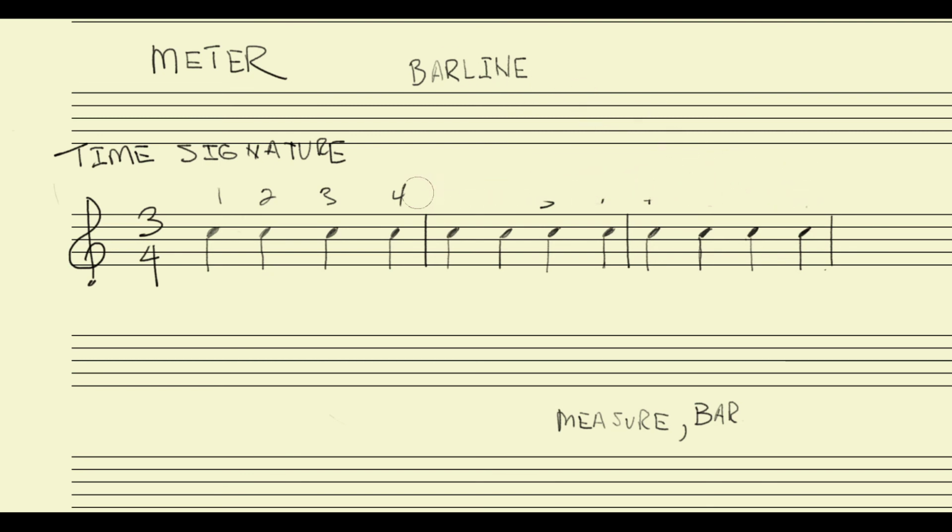And let me just so we're clear about that, let me actually do that. Get rid of our numbers up here. Get rid of our bar lines. So in 3/4 time, we'd go 1, 2, 3, bar line, 1, 2, 3, bar line, 1, 2, 3, bar line, and then 1, 2, 3, bar line. We could also do the same thing with our groups of 2, in which case we would have 2/4 time.